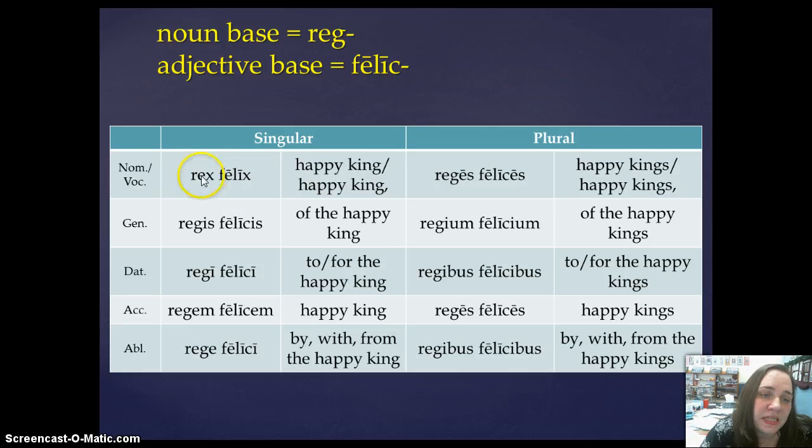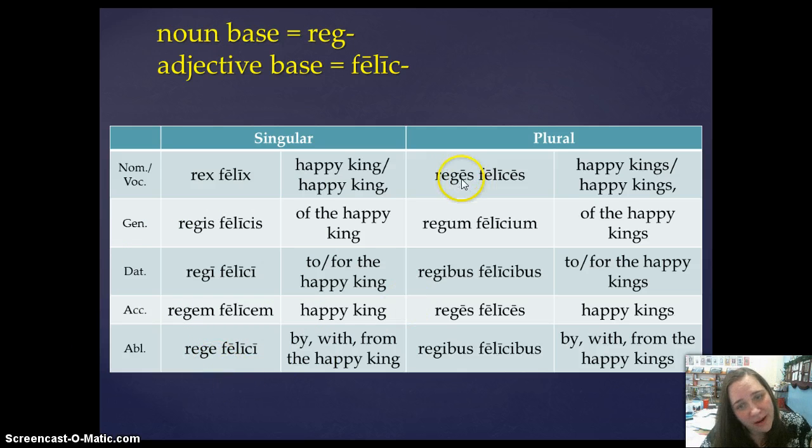So nominative, rex felix, regis felicis, regi felici, regem felicem, and then rege felici. And again, it's because no matter what the gender of the third declension adjective, you have this long i in the ablative singular. But because this is a regular third declension noun, rex regis is, it has that regular e ending in the ablative singular, okay?